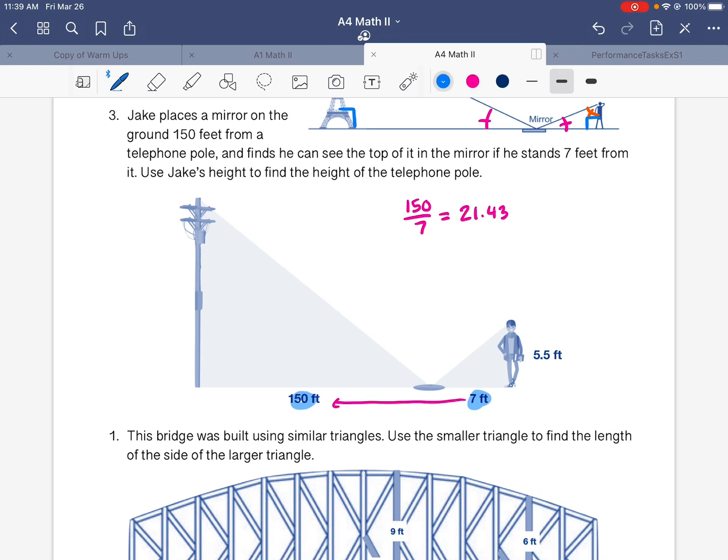And then we use that growth factor to do the same thing with 5.5 feet to see what that telephone pole is. So we do 5.5 times 21.43, and we get, I believe, 117.86.